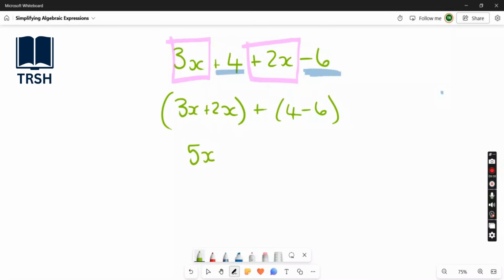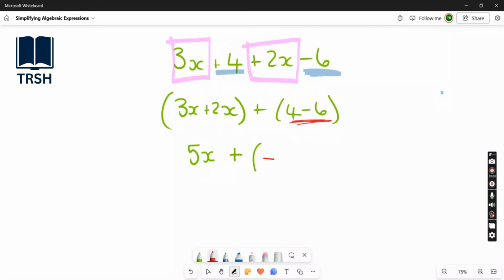Now, it's very important that we put our positive just where it is, and then we put a bracket. Reason being, if we say 4 minus 6, that should give us negative 2. Yes, that's negative 2.